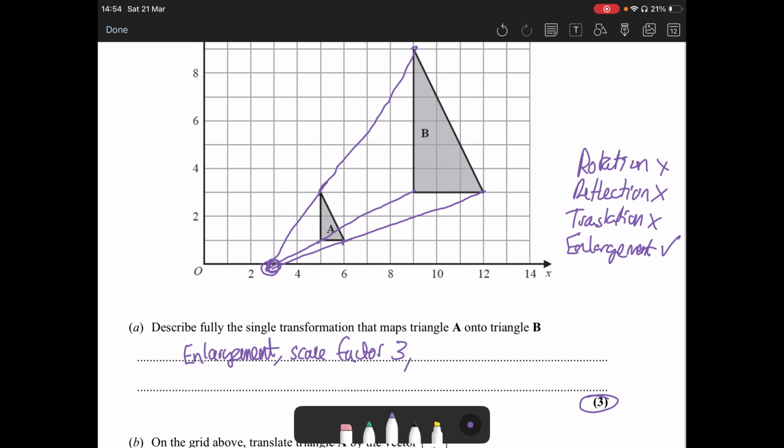And I think they all meet here, don't they? I'll double check the mark scheme, but that's going to be your centre of enlargement. This is probably the only question I really can't do properly on an iPad, but I think, yeah, I have actually got it right. So enlargement, scale factor 3, centre of enlargement, and then in brackets give the coordinate 3, 0. So that's your third mark there.